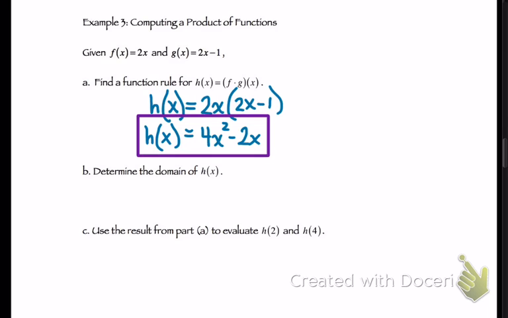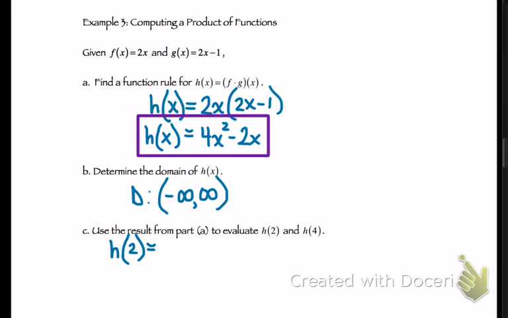Letter B, to determine the domain of that function. Well, no square root, no denominator, therefore domain all reals. So then I can obviously figure out what is h at 2, what is h at 4.